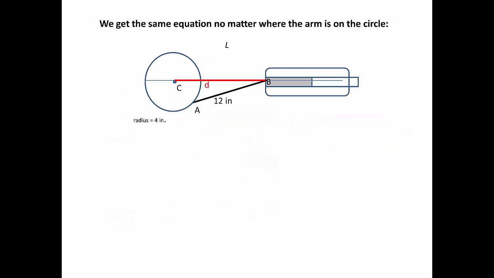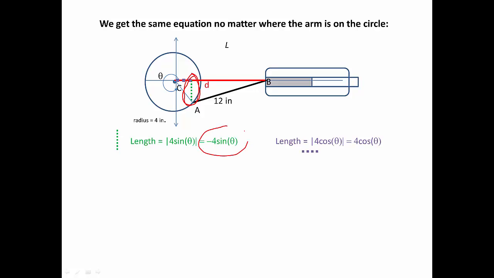Now, we need to be careful because I just did that in the first quadrant. I just want to show quickly that you get the same equation no matter where the arm is in the circle. So I move the arm down to the fourth quadrant here and put my information in. And the difference with this picture is this green length is actually negative 4 sine theta because sine of theta is negative.